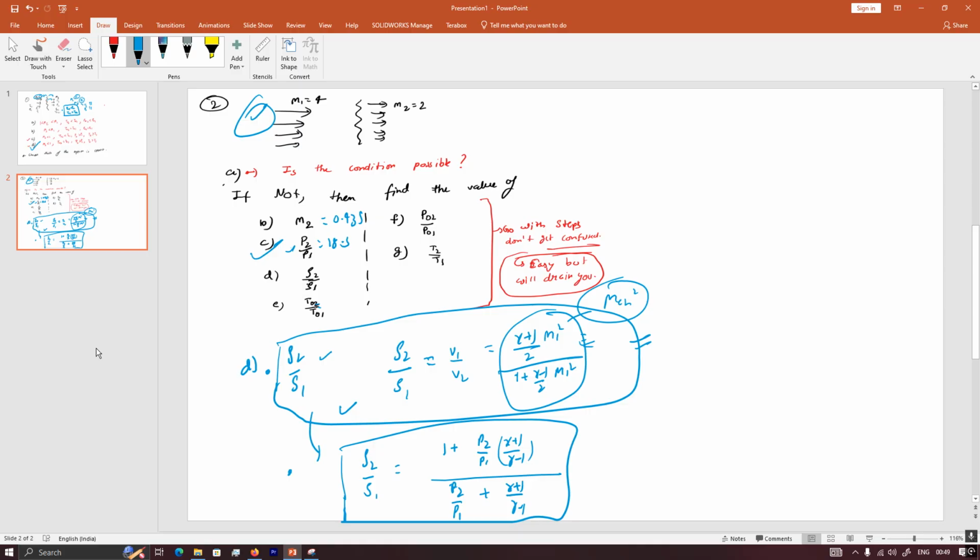I'll try this approach because I know the values, and for air with gamma 1.4 this value comes as 6. So I can directly write 1 plus 18.5 into 6 upon 18.5 plus 6.